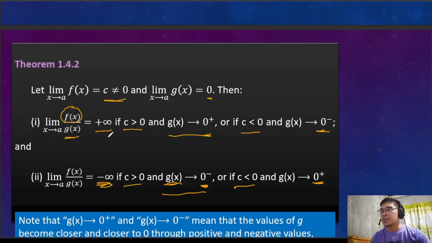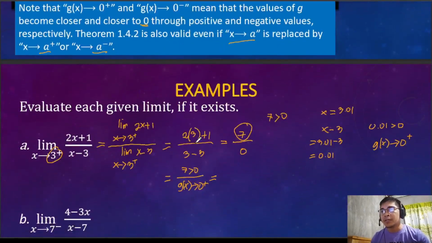It's the opposite here. In the first case, if c is greater than 0, so 7 is greater than 0, so that is okay, and g of x approaches 0 from the right, which is the result of our solution. So therefore, the limit of this one is positive infinity.